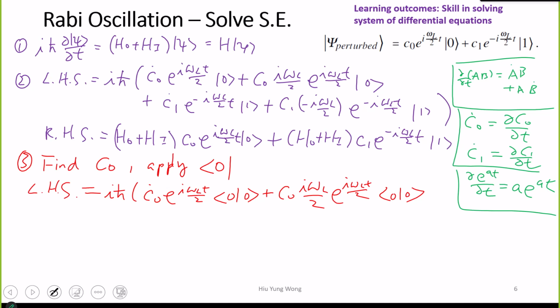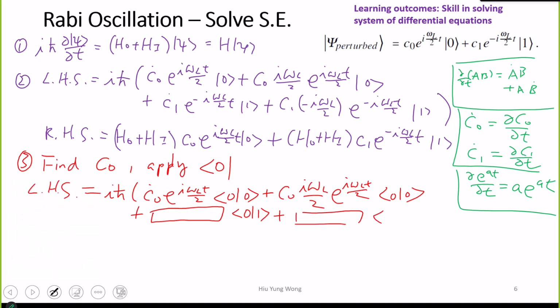Okay? Then I continue, because I have four terms, right? For this left-hand side, 1, 2, 3, 4, they're addition, right? Then I'm lazy, I'm not going to write this term, just let me save the time. I will get <0|1> for this one. And then I will get <0|1> for the fourth one.